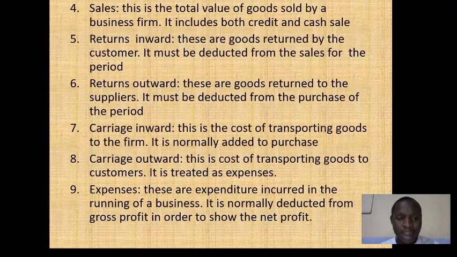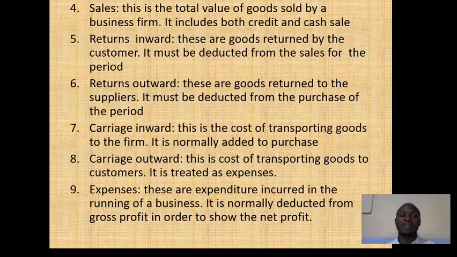Then lastly, we have expenses. Expenses refers to expenditure that is incurred in the running of a business. Remember, while I was explaining net profit, I told us that during the period you are trying to sell a particular product, one way or the other, as a businessman, he or she will definitely incur some expenses, let's say on food or on transportation.